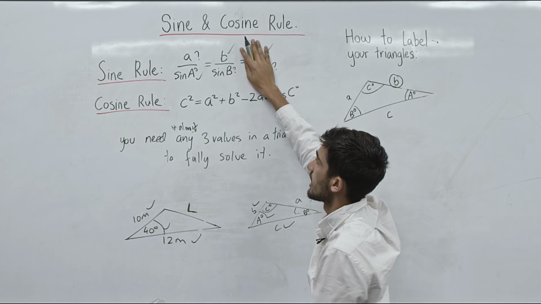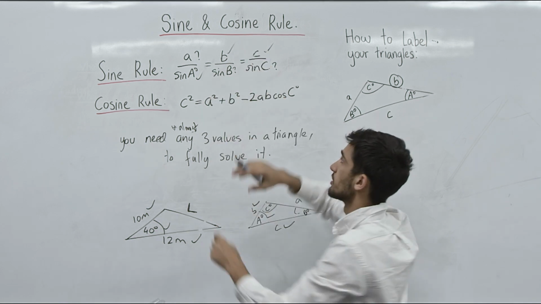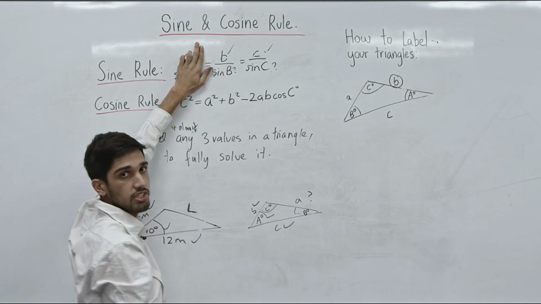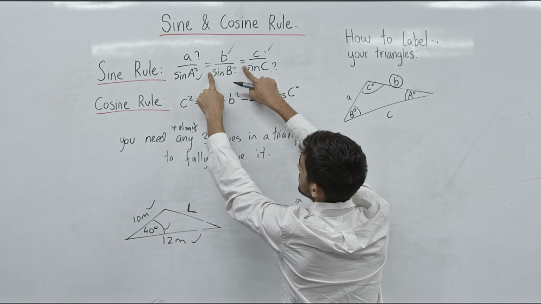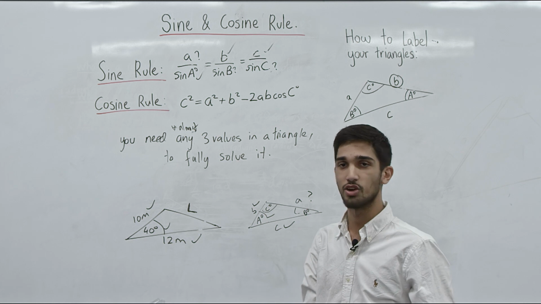If I block out this side, we have 2 unknowns, 1 equation. We can't solve it. If I block out this side, we again have 2 unknowns, 1 equation. Overall, we have 2 equations, 3 unknowns, so we can't solve it.